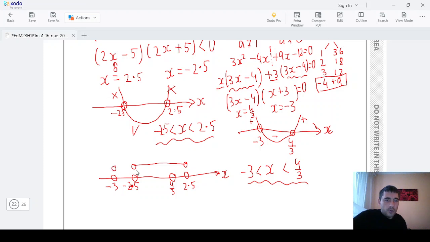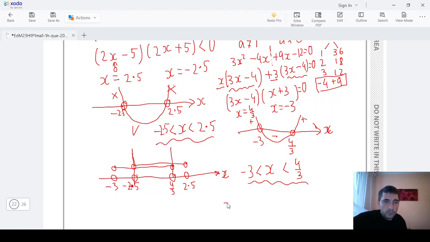Check for my other region. The final solution will be only those parts which satisfy both of those inequalities. So we can't use those between -3 and -2.5, because it satisfies only the second one. Where both inequalities are okay is the region from -2.5 to 4/3.